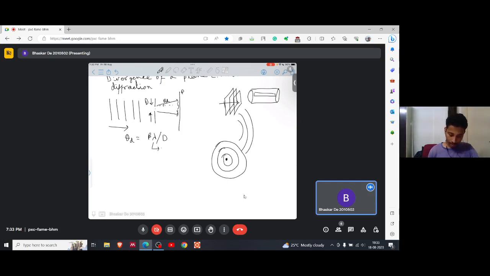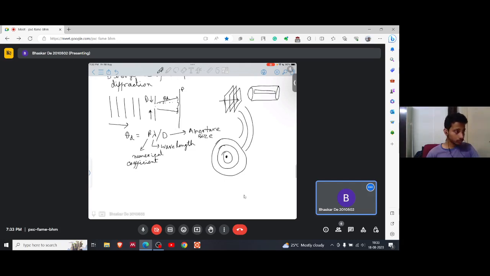So here lambda is the wavelength, d is the aperture size, and beta is the numerical coefficient of the order unity, whose value depends on the shape of the amplitude distribution.